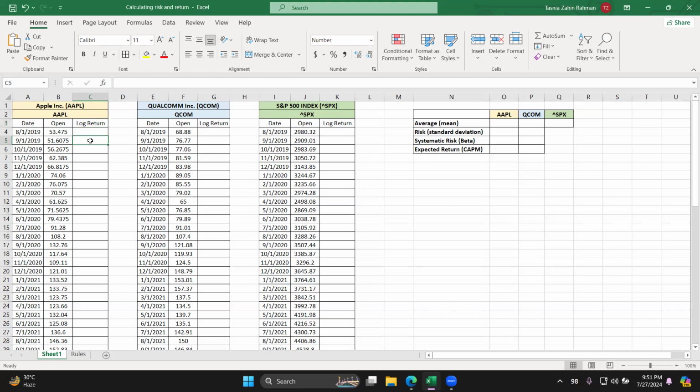So the formula to calculate log return is equals to ln, open bracket, the price of the asset divided by the price of the asset at the end of the period, and enter. This price divided by this price. And then if you just double click, you'll see the rest of the returns.